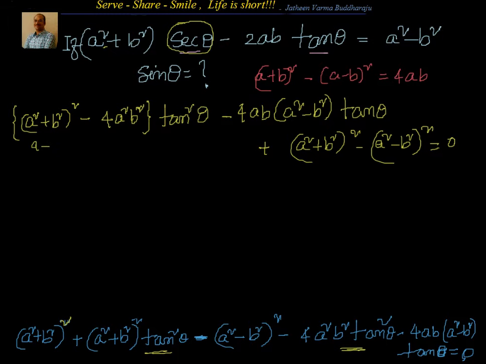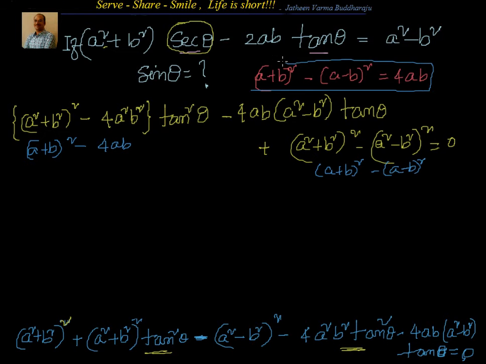It is in the form of (a plus b) whole square minus 4ab. And here we are in the form of (a plus b) whole square minus (a minus b) whole square. So let us try to simplify this. Because we know this formula, we can leverage it and simplify very easily.